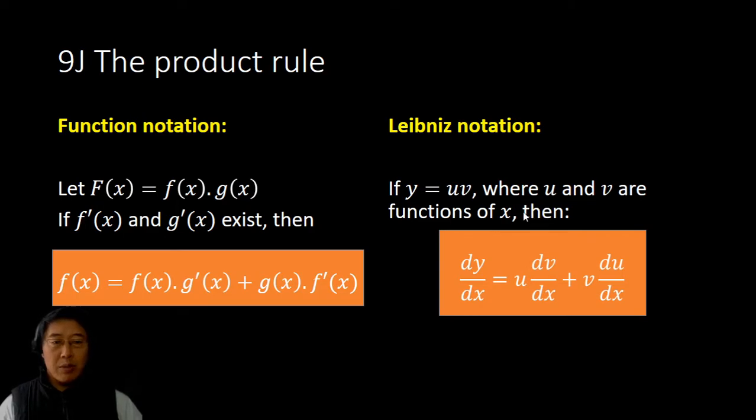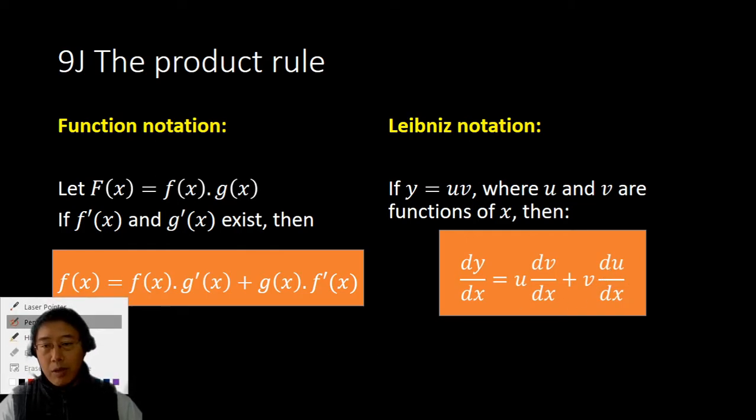Both functions can be differentiated, so the derivative of y, the left hand side, is equal to u times dv over dx, the derivative of v, plus v times du over dx, the derivative of u. Let me write that down.